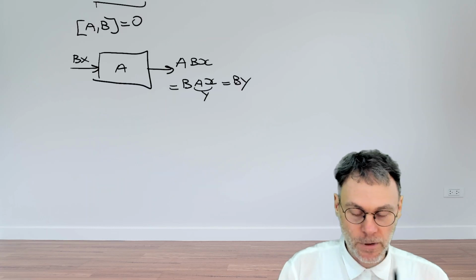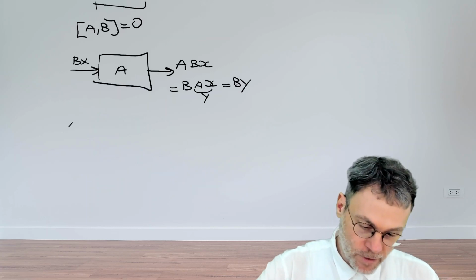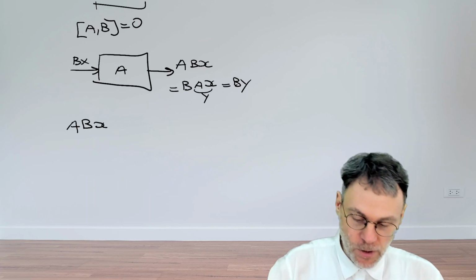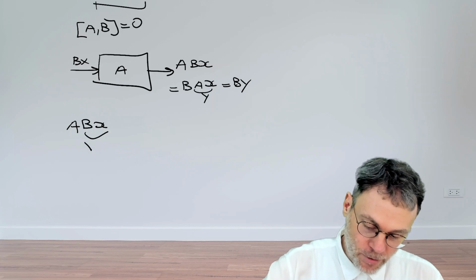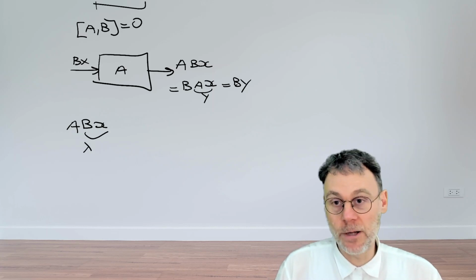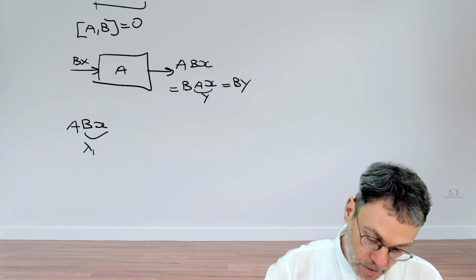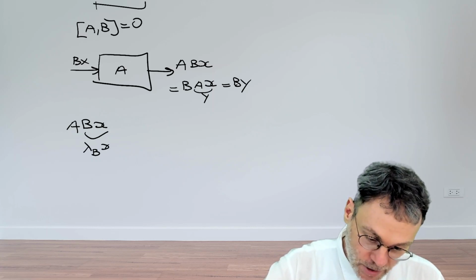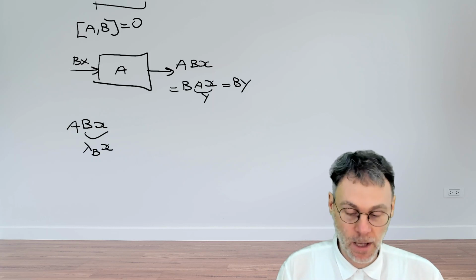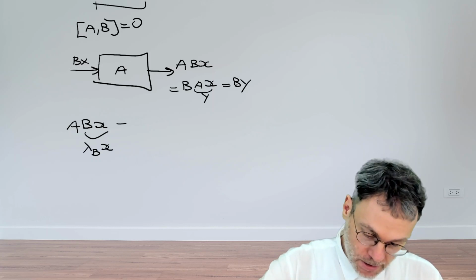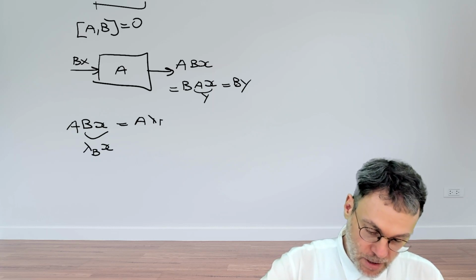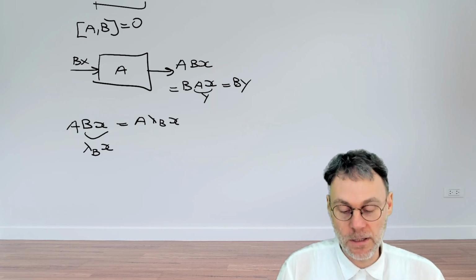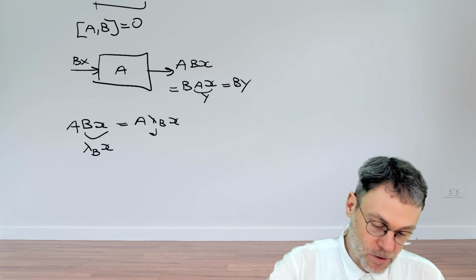Okay, so let's look at the output that we have. The output generally is ABx. And I told you, let's be creative and let's try to see what happens if we work with a very specific x, which is an eigenvector of B, so that Bx is lambda_B x. Okay. Now in this case, we have A of lambda_B x, and since our operator here is a linear operator, we can shift the eigenvalue to the left.